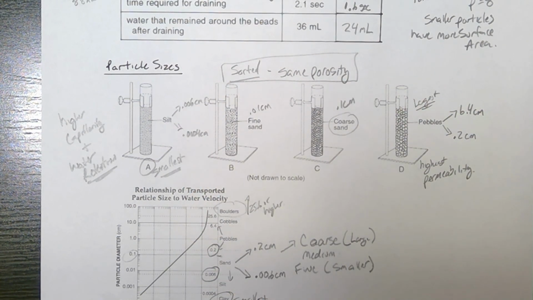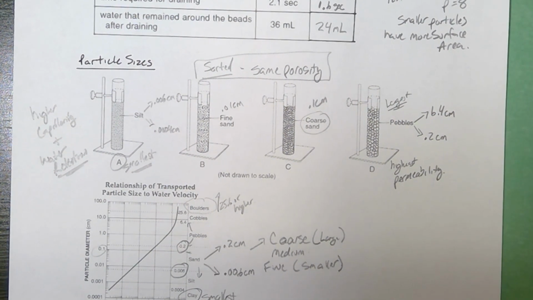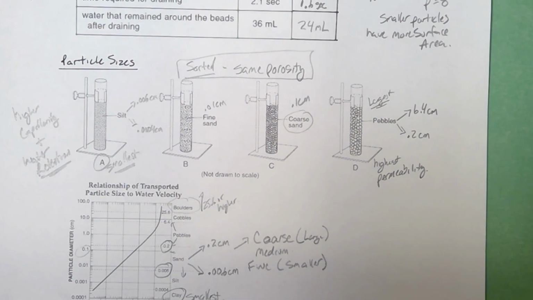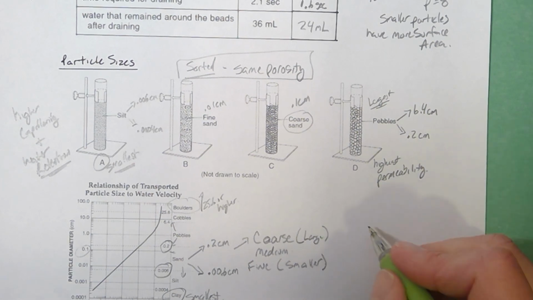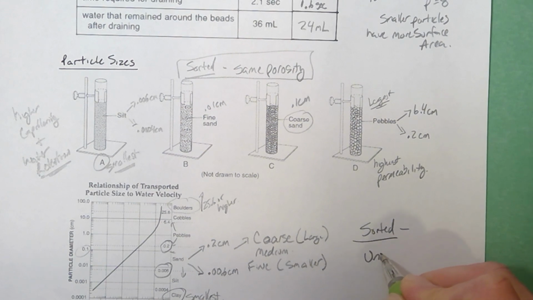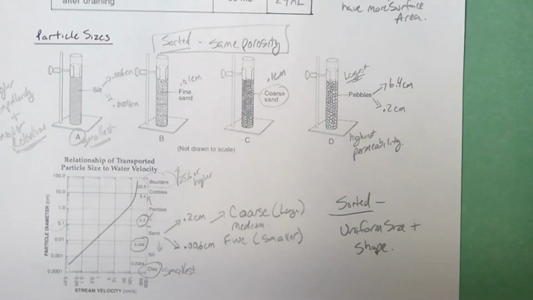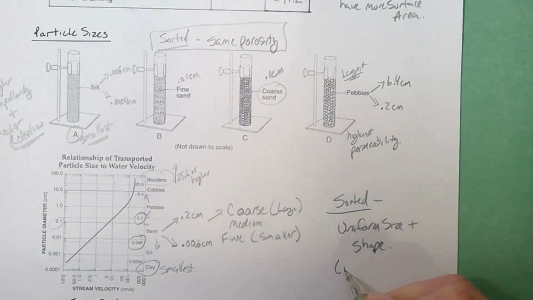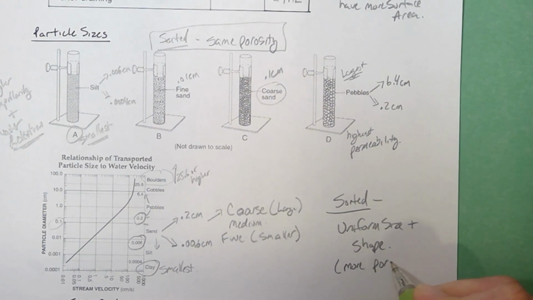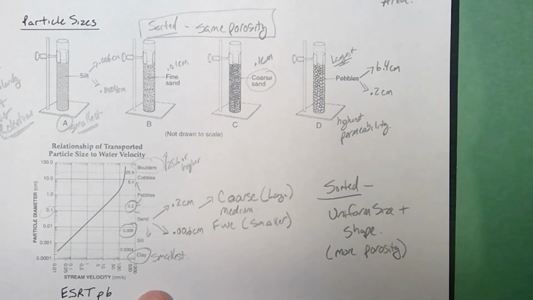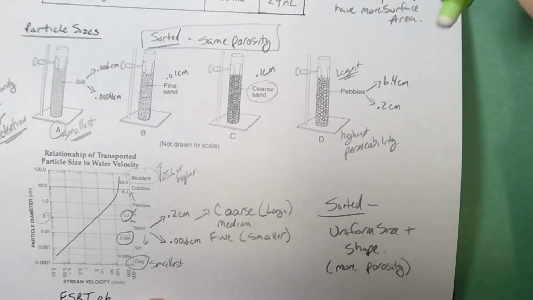You could be asked to alter the porosity. One way that you could take these exact same materials and alter the porosity would be to mix them. If you have a sorted sample, that means it's uniform size and shape. When things are sorted, you've got more porosity, because sorted materials do not fit together all that well.